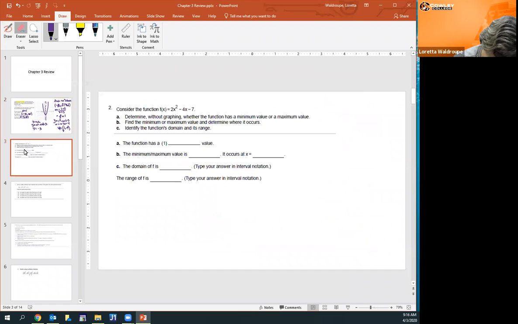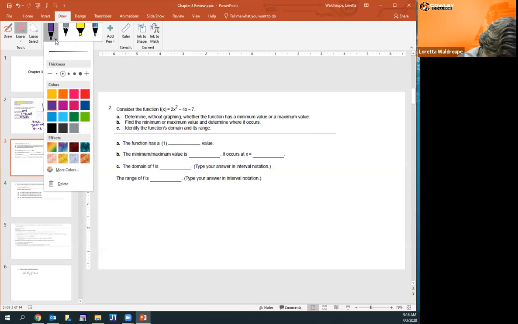Okay? So, we're doing the same thing here. We're trying to determine, does it have a minimum or a maximum without graphing it. Well, to determine that, you look at A. Oh, my pen doesn't want to write at the moment, so give me a second here.